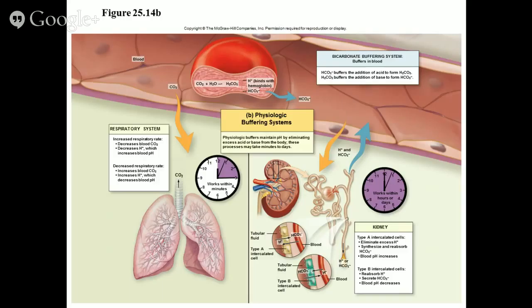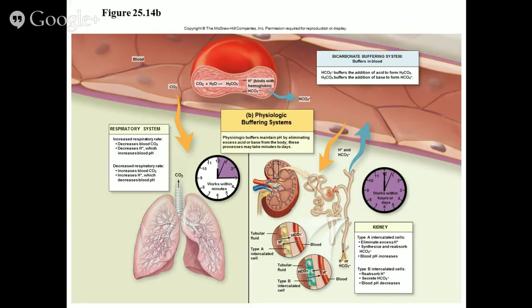Type A intercalated cells make sure to throw away hydrogen at the kidneys and reabsorb bicarbonate ions to the blood, whereas type B intercalated cells help reabsorb hydrogen into the blood so that we can drop blood pH and balance it out as well, because your blood may get too basic. And if it gets too basic, you'll start encountering other complications. So it's our goal to keep our blood within a balanced certain range on the pH.